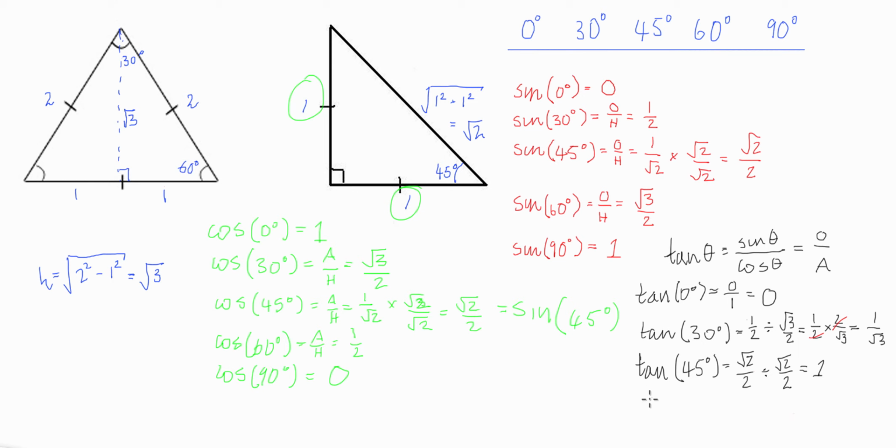Okay, so the tan of 60 degrees is equal to the sine of 60 degrees, which is root 3 over 2, divided by the cosine of 60 degrees, which is 1 over 2, which is the same as square root 3 over 2 times by 2 over 1.